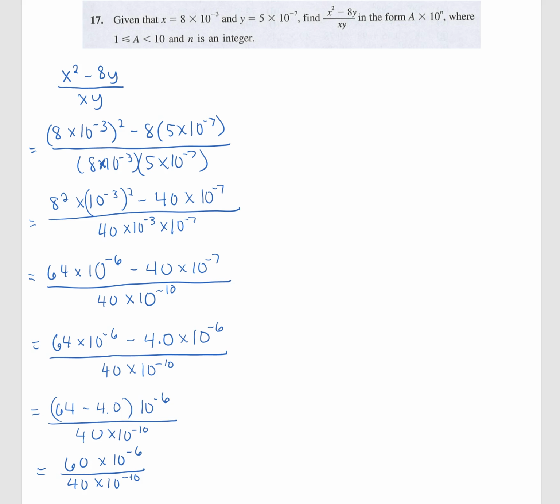Okay, so what we can do now is, again, we just have a multiplication on the top and a multiplication on the bottom, so we can divide these in whatever order we want. So I'm going to do 60 divided by 40, and that's 1.5.